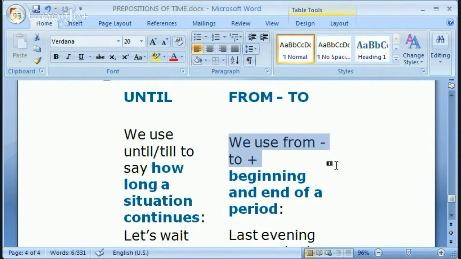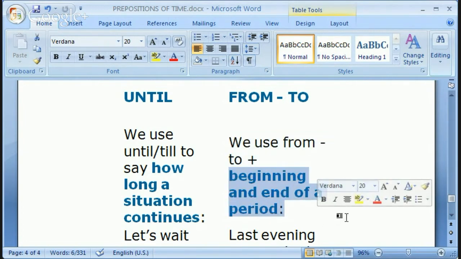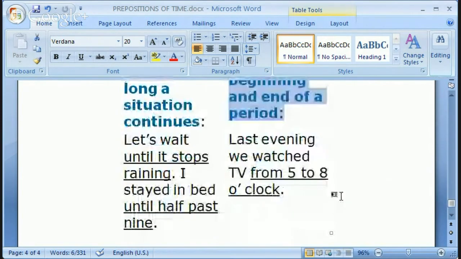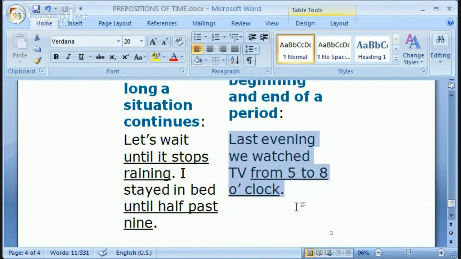Okay, we use from blah blah blah to blah blah blah to talk about the beginning and end of a period. For example, last evening we watched TV from 5 to 8 o'clock. Okay, so you're being very specific about the beginning and the end.